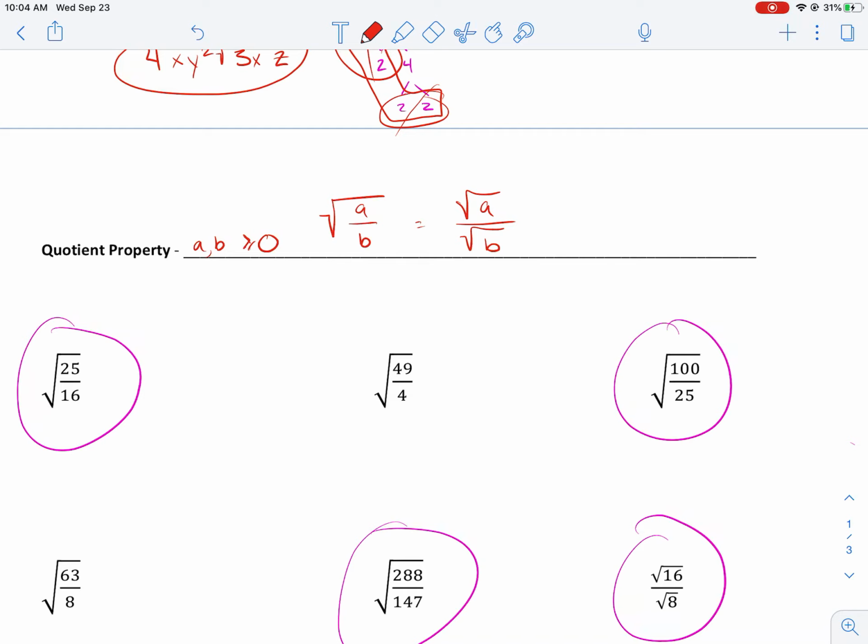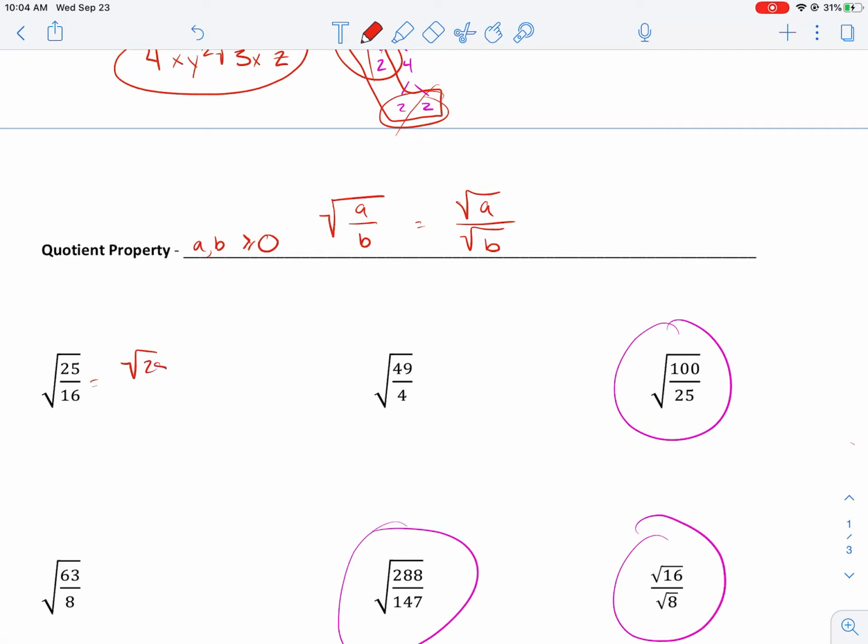So just like with multiplication, this property allows us to separate that fraction, so we have a square root on the top and a square root on the bottom. And so we'll find this property useful as we dive into some of these other problems down here.